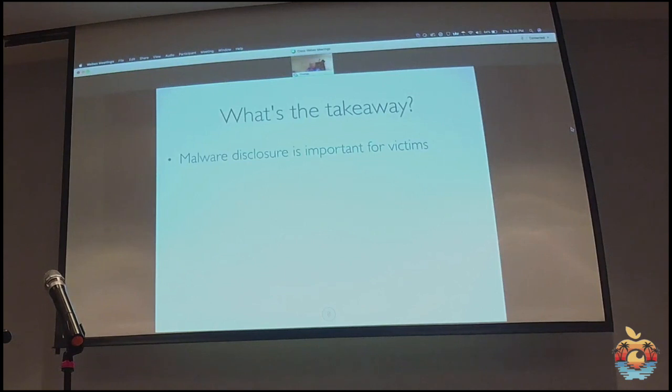And of course, I had communicated with Apple, so Apple was protecting the user. That's all very important. This is really important for protecting the victims of these crimes. However, on the other side of this, sometimes the disclosure can interfere with the legal process. So that's one of the big things that I learned here.